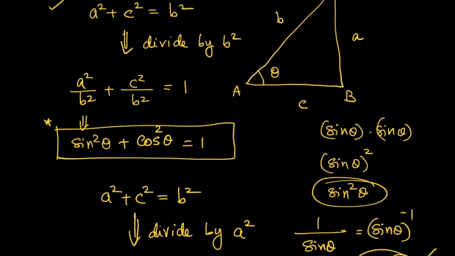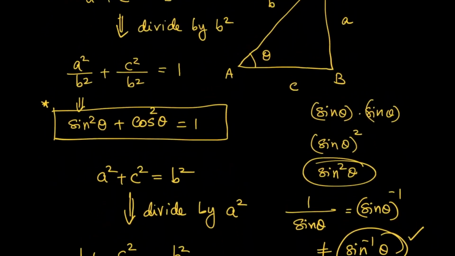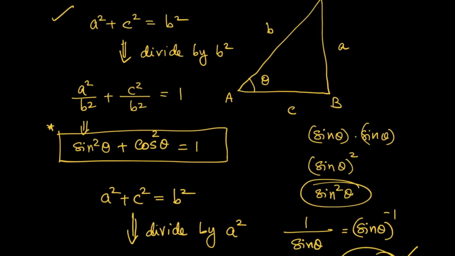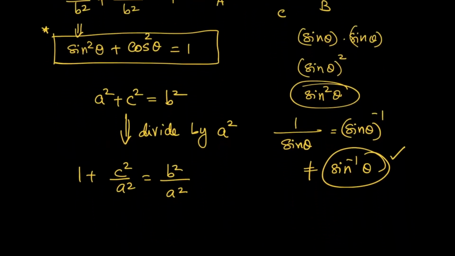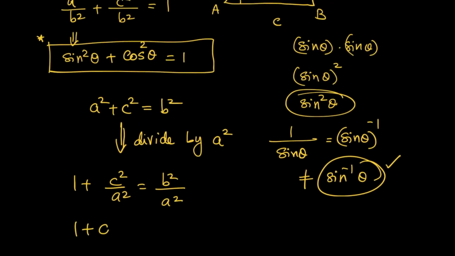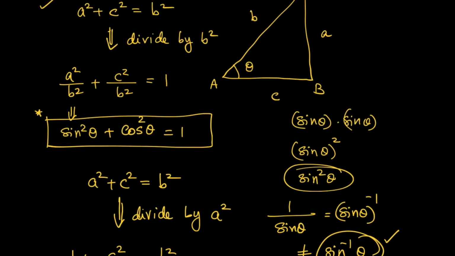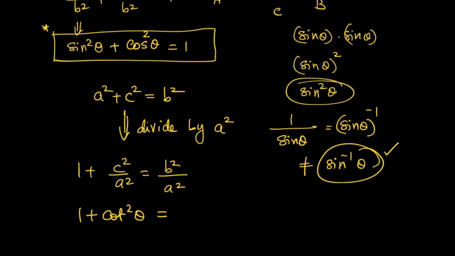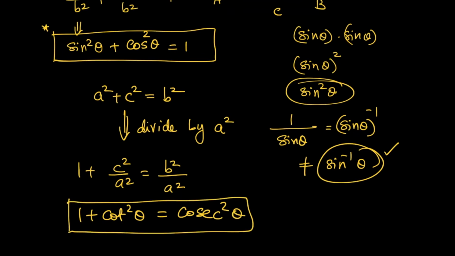Again, from the figure, you know that c by a ratio is nothing but cot theta. So this becomes 1 plus cot squared theta is equal to, and b by a ratio is nothing but the reciprocal of a by b, reciprocal of sine, which is cosec squared theta. So this is another trigonometric identity which you need to remember.